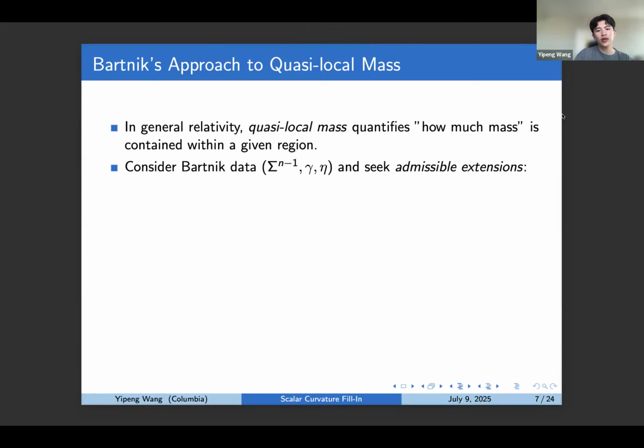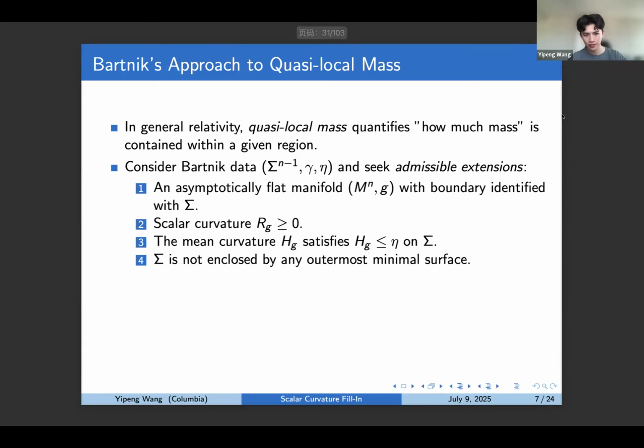So what you do is you start with Bartnik data. Recall that that's just a closed Riemannian manifold with a given smooth function on it, and you look for what I call admissible extensions. What I mean by an admissible extension is that you look for an asymptotically flat manifold whose boundary is identified with this Sigma.